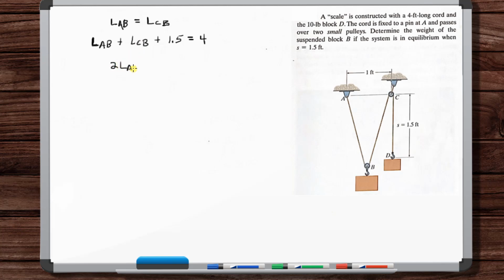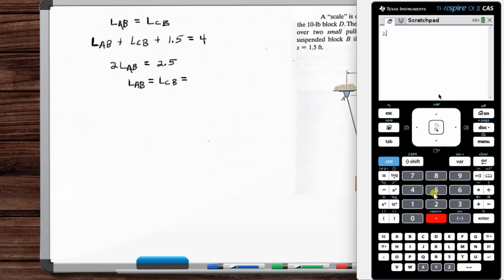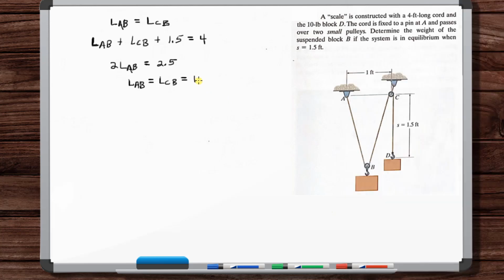So 2LAB, and then 4 minus 1.5 is 2.5. Okay, so that means that LAB, which again is equal to LCB, is equal to 2.5 divided by 2. So 1.25.